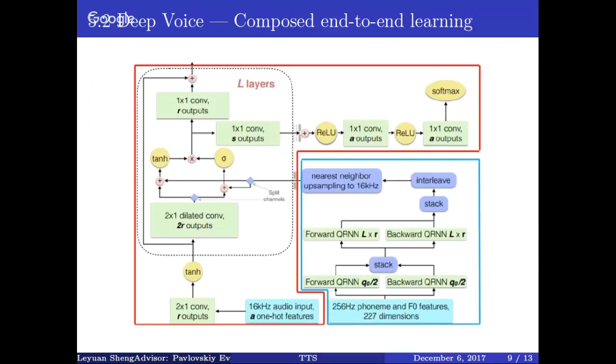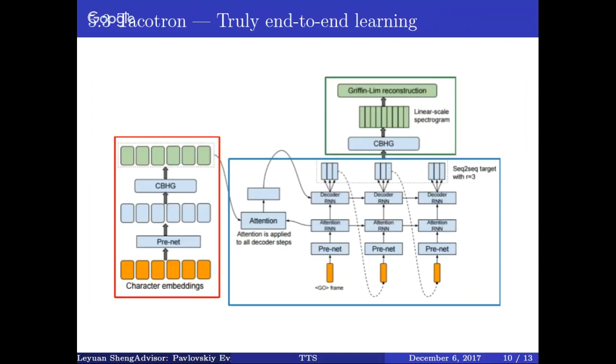And this is truly end-to-end learning. For our input, we can put in a one-hot vector. This is encoding, this is decoding, and this goes into the post-process net.